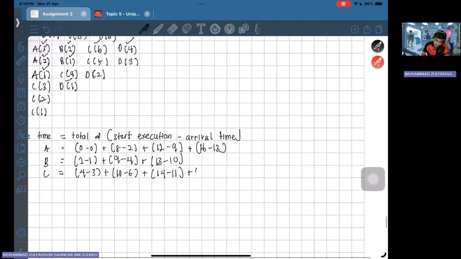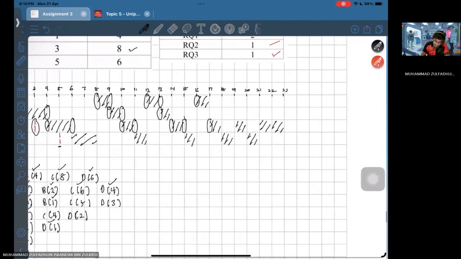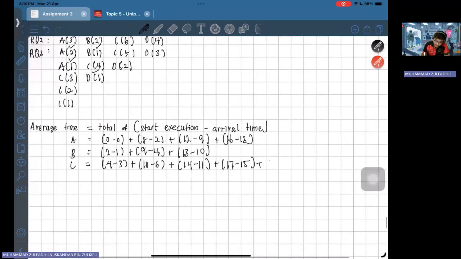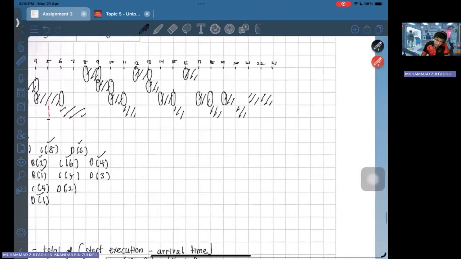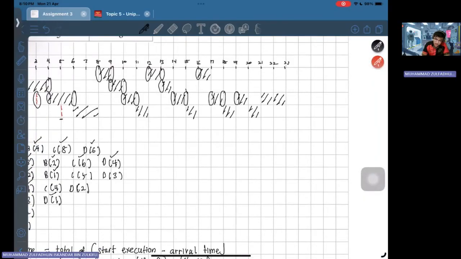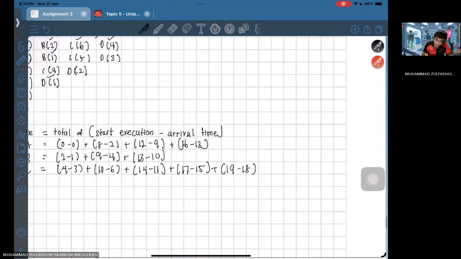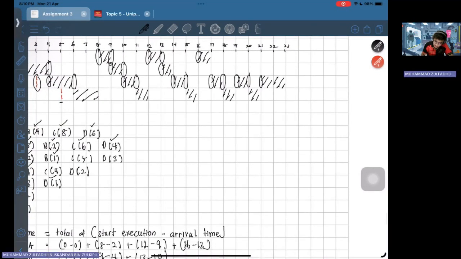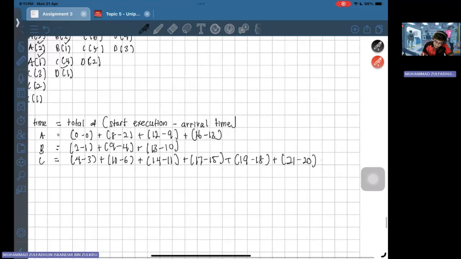So 17 minus 15, and the execution starts at 19, and it arrived at 18. So 19 minus 18, and the second last execution of C starts at 21, and it arrived at T equal to 20. So plus 21 minus 20.